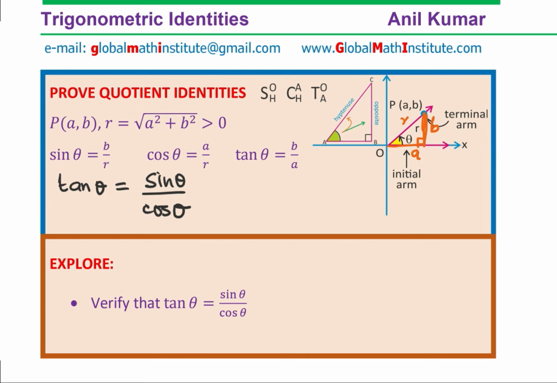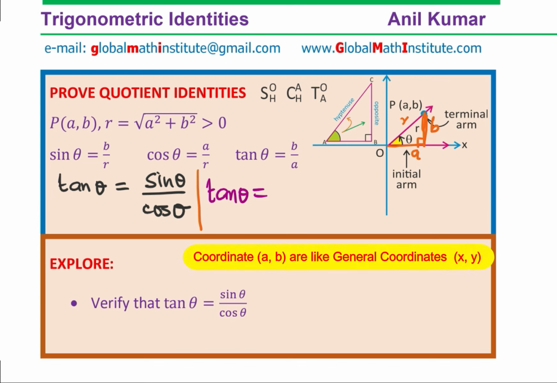So how do we prove that tan theta is sine theta over cos theta? Okay, let's go like this. We know what tan theta is, right? Tan theta in this particular triangle will be opposite side over adjacent, that is B over A, right? No problem. Tan theta is B over A. Now, how about dividing both numerator and denominator by R?